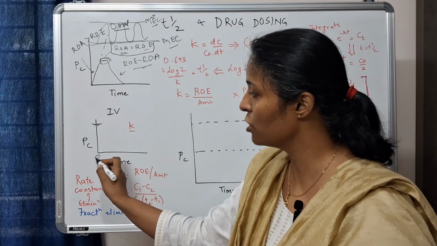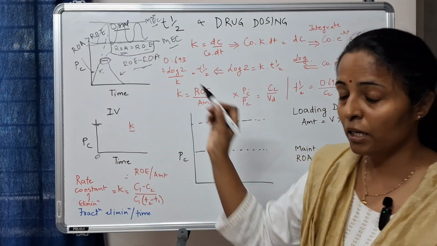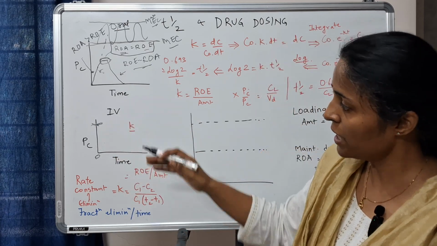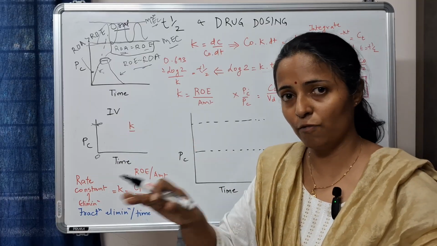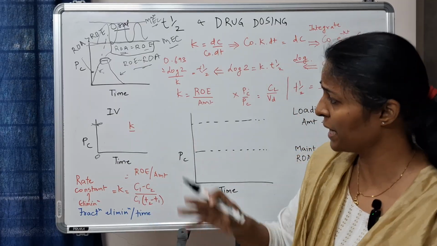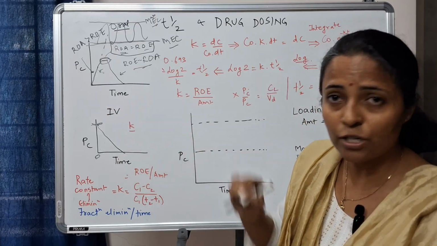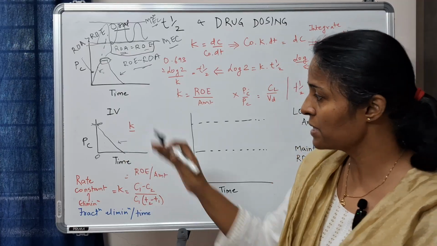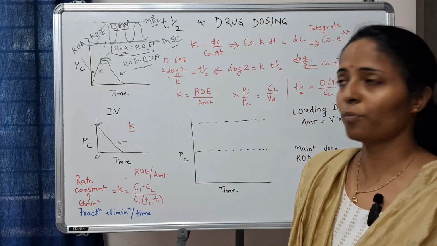At time 0 itself, it is not rising slowly as we saw in oral administration. Here there will be maximum concentration, and if we give a one-time injection, we are not maintaining a continuous infusion. So after that there will be a decline in the concentration of the drug. The drug is getting eliminated, and after some time it will become 0, eliminated from the body.